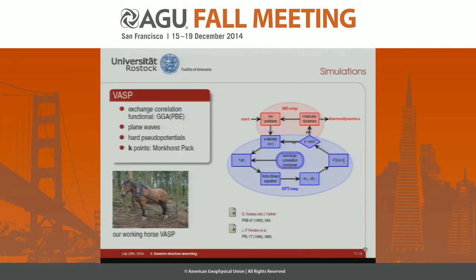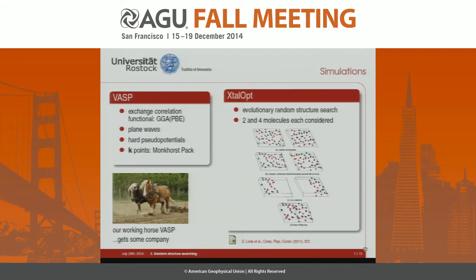So what have we done? I guess most of the people here are familiar with the calculation. We employed our old workhorse VASP. We do molecular dynamics simulations with DFT at every ionic time step. In this case we use the PBE functional and, for example, a Monkhorst-Pack k-point set. But what is new about these calculations?